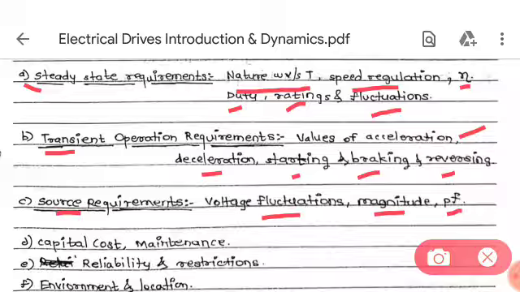There are nowadays some advanced drives which maintain power factor at almost any operating point. Otherwise, generally in industries power factor is managed by capacitor banks, which are switched in and out according to the loads in the industry.